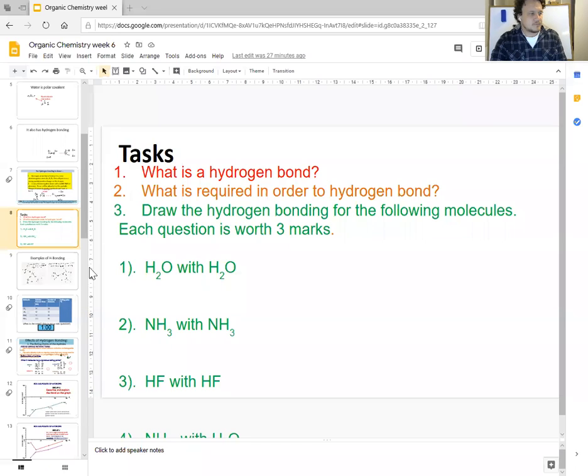So, water and NH3, ammonia. If we think about it, water is in group 6, so we combine with 2 hydrogen. Nitrogen is in group 5, so you combine with 3.